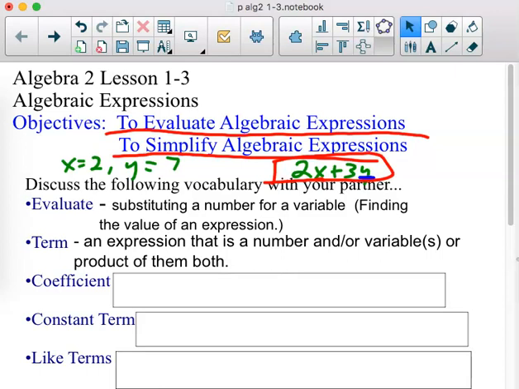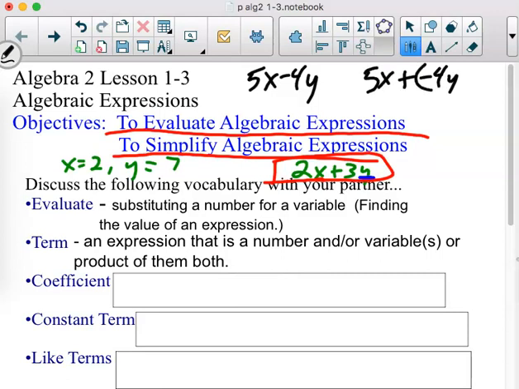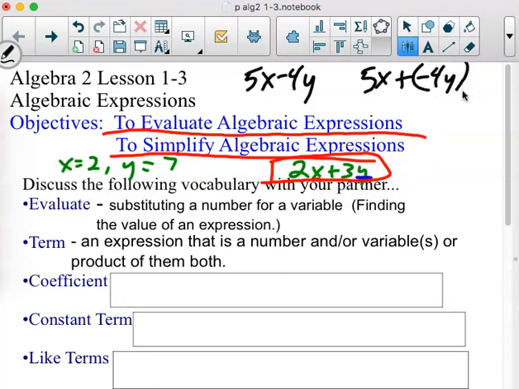The big deal here is that to tell what the terms are, it has to be addition. So if we see something like 5x minus 4y, we would change that to 5x plus a negative 4y. Now, why do we have to make that change?